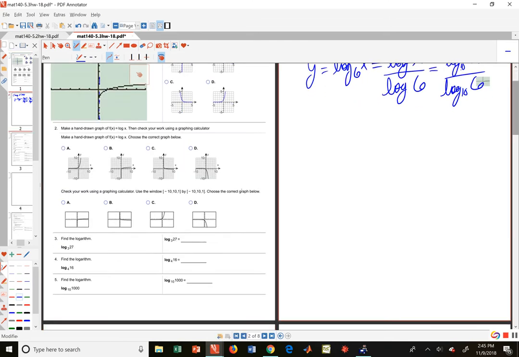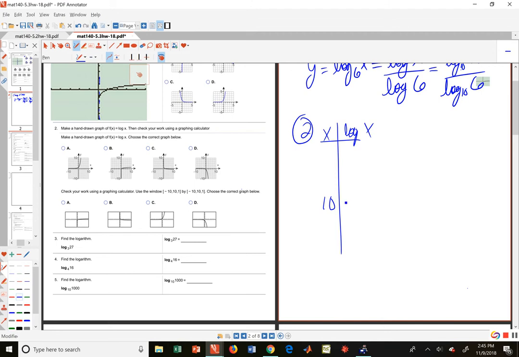All right. It says make a hand-drawn graph of log x and check using your calculator. Just to get you some practice with logarithms, what we even mean by it. This is x, this is log x. Now, when we put in a value, let me do an obvious one like 10.